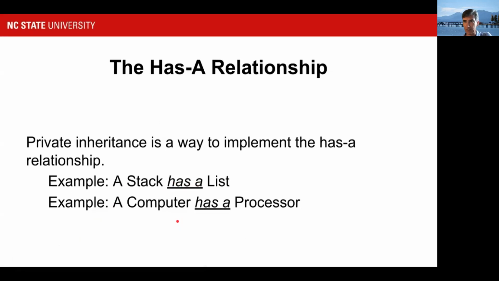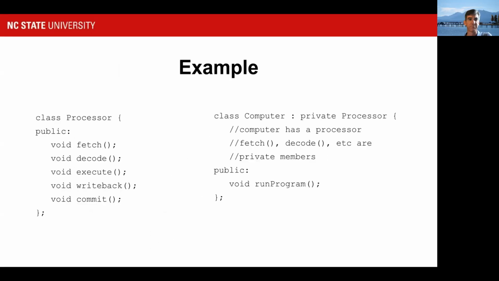Just making up an example, a computer has a processor. So if I were designing a class to represent a computer and a class to represent a processor, then I might derive computer privately from a processor object. So for example, let's say I had a class processor that I used to model how a processor worked.